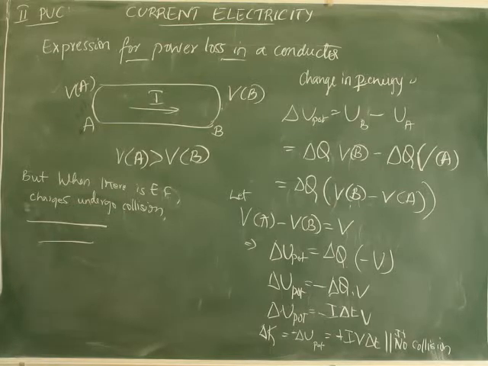The energy dissipated as heat in the conductor in the time interval delta T is nothing but work done.